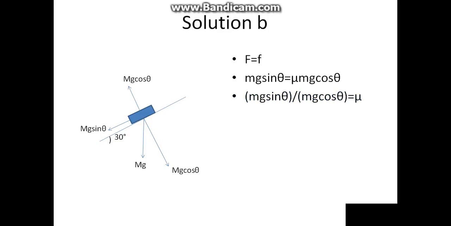Cancelling the m and the g, sin over cos is tan theta, which is equal to mu. Therefore, tan 30 is equal to mu, which means that mu, coefficient of friction, is equal to 0.58.